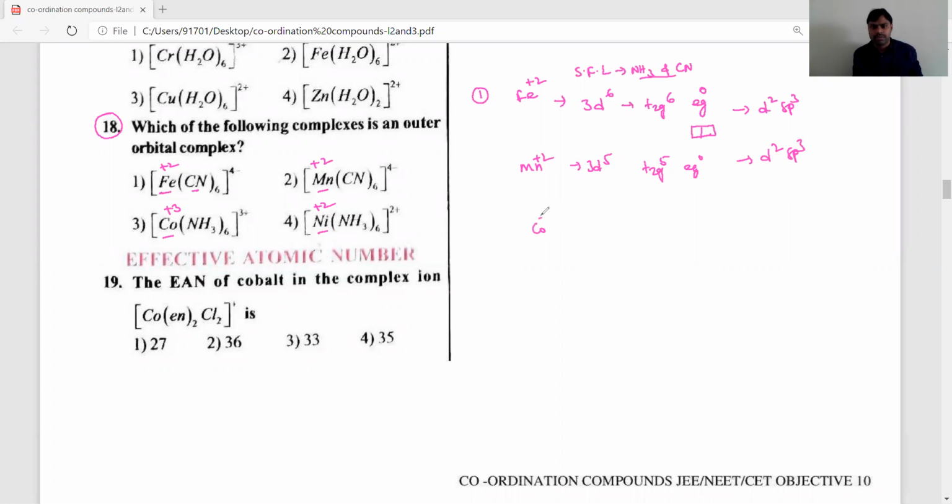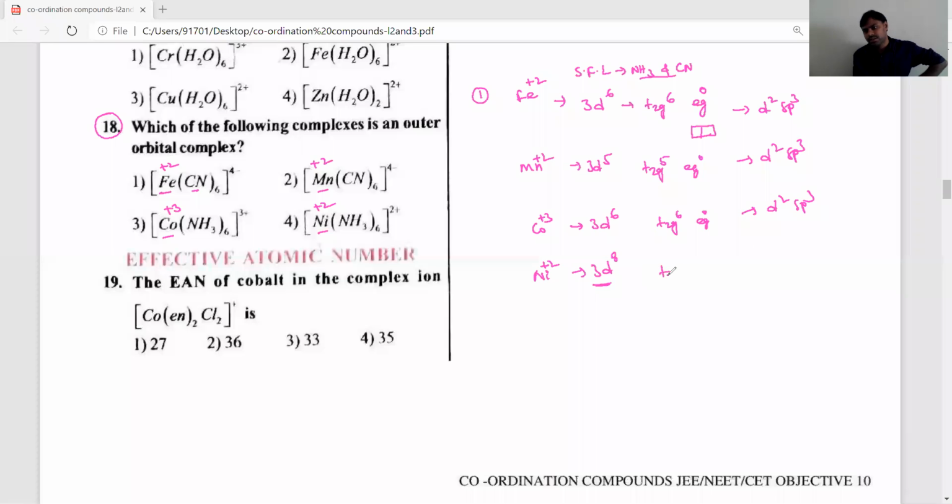Next, cobalt 3+. Cobalt atomic number Z is equal to 27, with configuration 3d7 4s2. Then we have to remove 3 electrons, so it becomes 3d6, which means t2g6 eg0. It is also d2sp3 hybridization. Now nickel 2+ is nothing but 3d8.